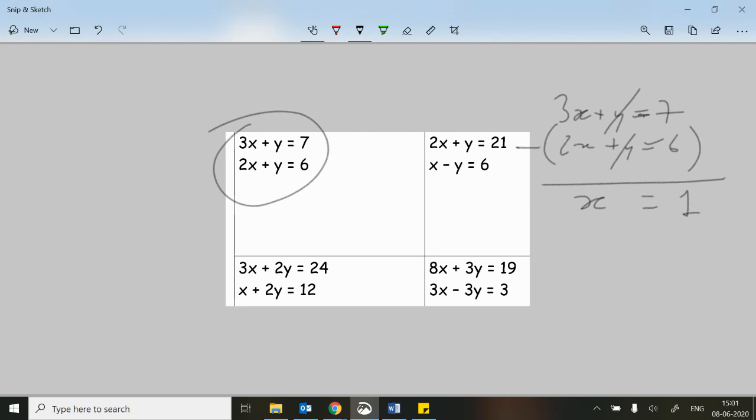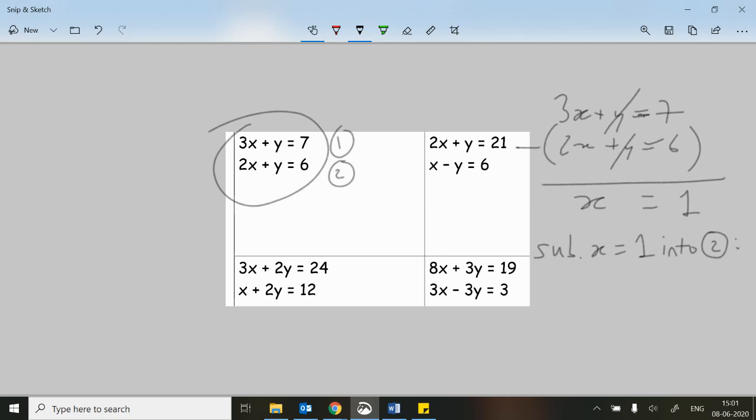The other half of the question is what's y? So we found x, and what's y? Now, if we label these up, we've got 1 and we've got 2 here. It looks to me like the second one is the easier of the two. So let's sub x is equal to 1 into 2, so sub for substitute.